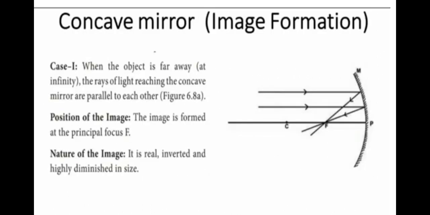Case 1. When the object is far away at infinity, the rays of light reaching the concave mirror are parallel to each other. So the image is formed at the principal focus F. Nature of the image: it is real, inverted and highly diminished in size.